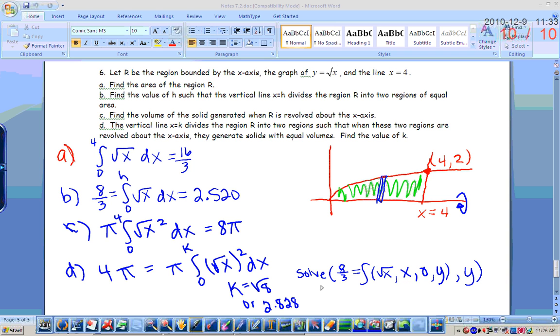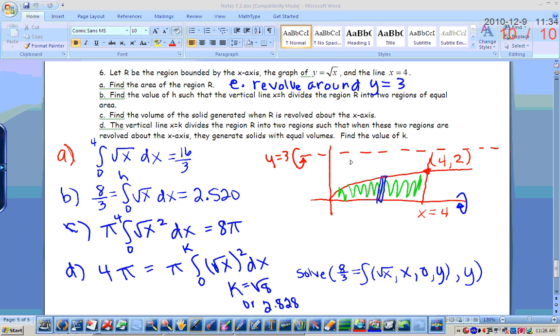Okay, I'm going to tack one more on here. I want to take this figure and let's revolve around the line y equals 3. So is this going to be a disk or a washer?